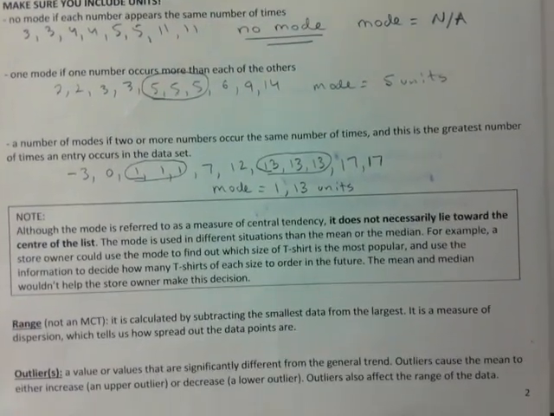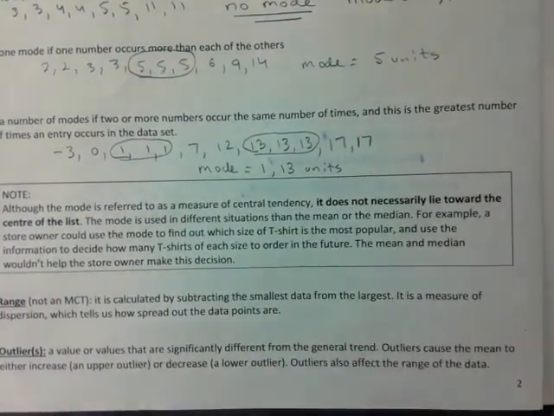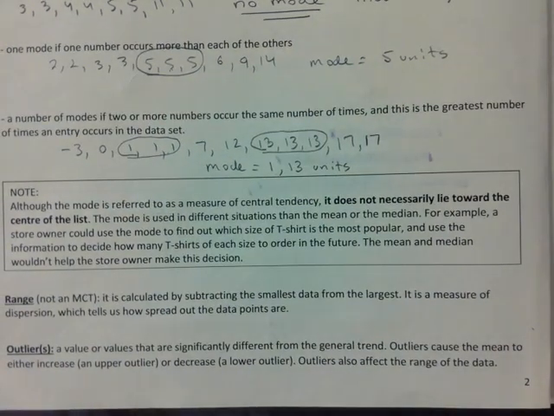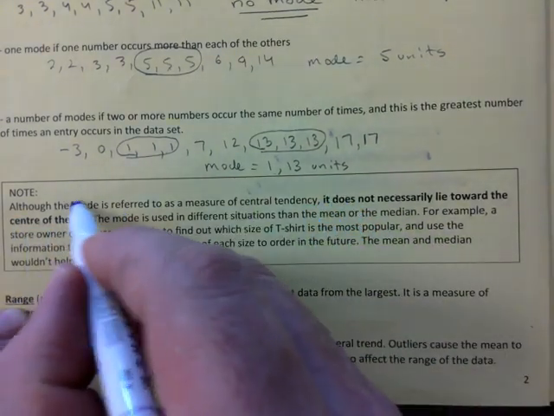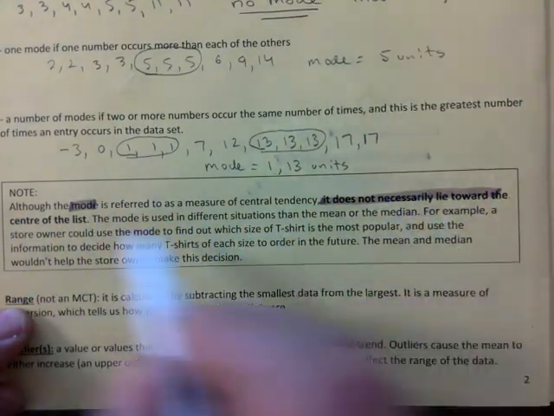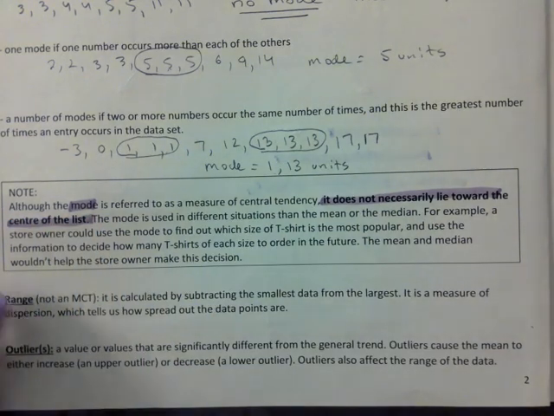I'll say this here. Although the mode is referred to as a measure of central tendency, it does not necessarily lie towards the center of the list. The mode is used in different situations than the mean or median.